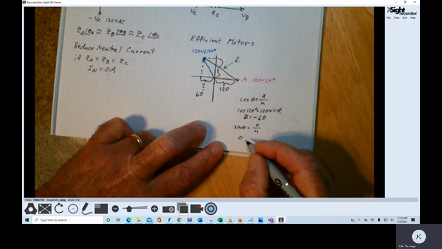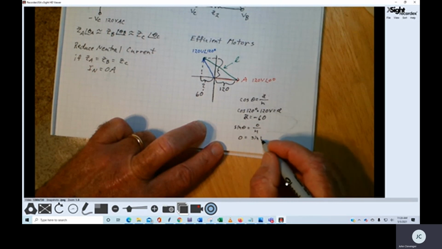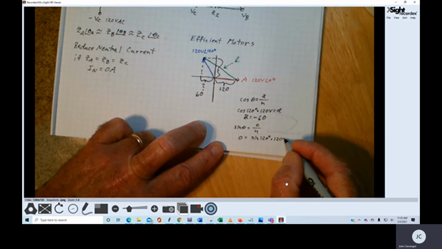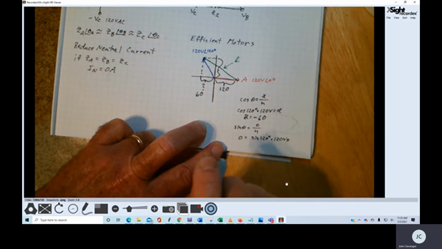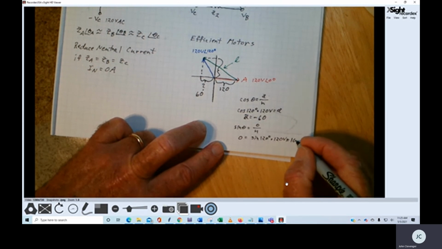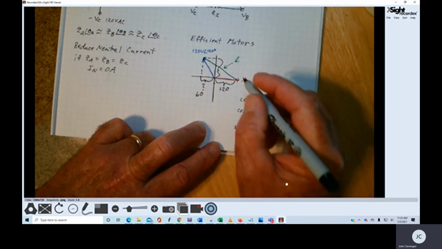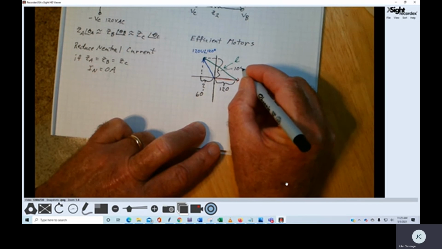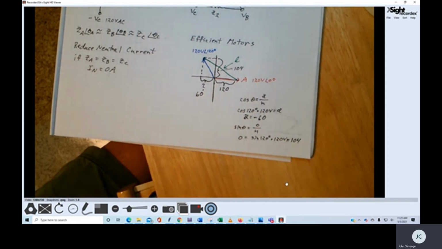So the opposite side will be equal to the sine of 120 degrees times the hypotenuse, which is 120 volts, which gives us 104. So I know this length right here is 104 units.